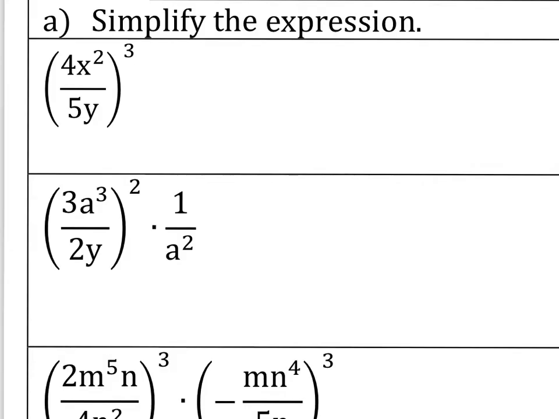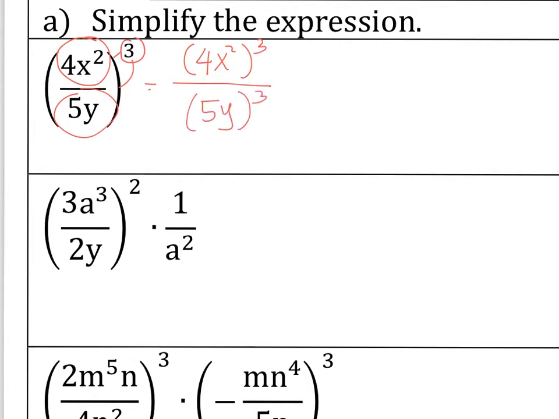Okay, part A, simplify the expression. First, we need to take this exponent of 3 and share it with the numerator and the denominator. And then I'm going to use a previous property we learned, ab in parentheses to the m power. I need to share the m with each of the bases.